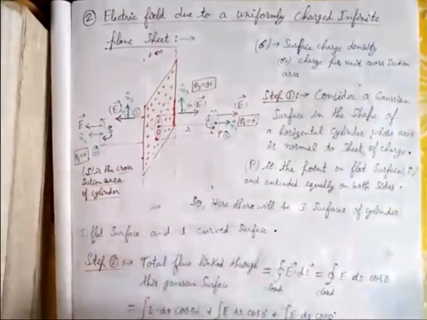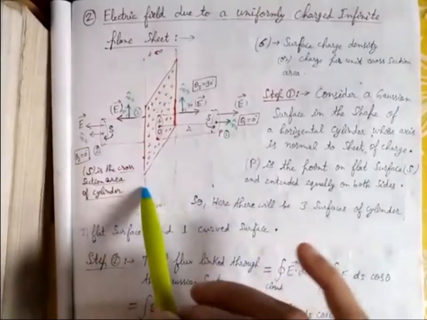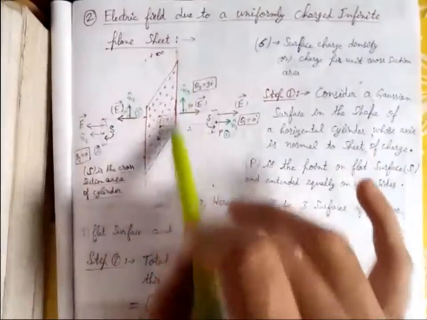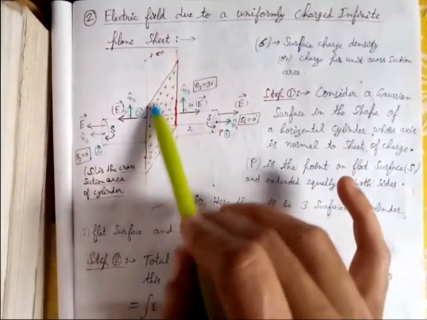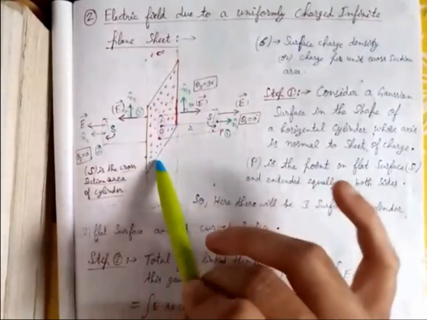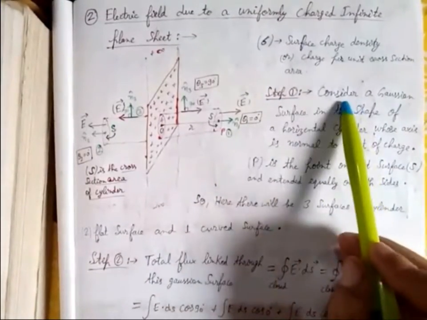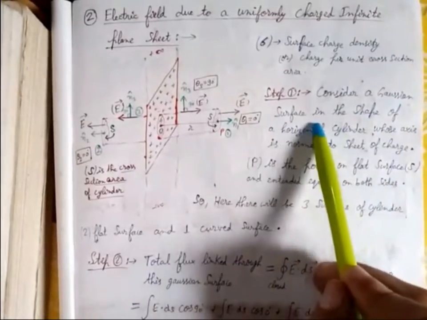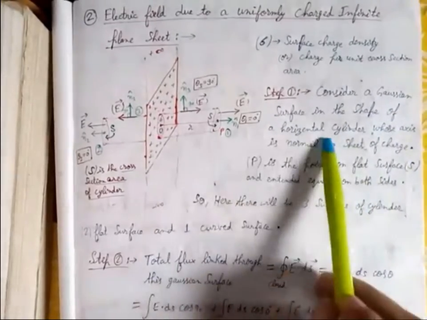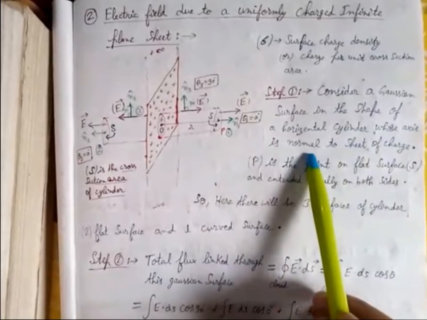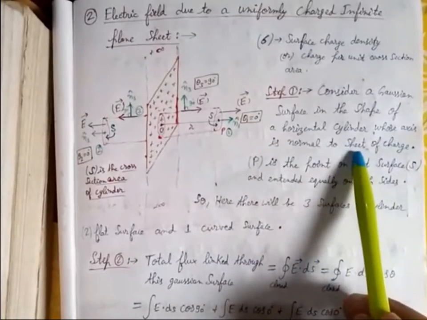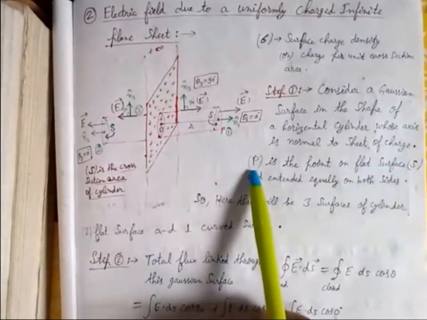Now in step 1, consider a Gaussian surface in the shape of a horizontal cylinder whose axis is normal to the sheet of charge.